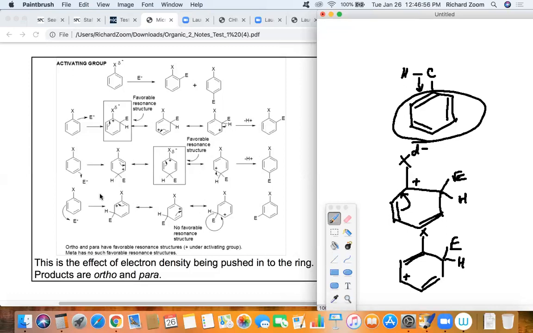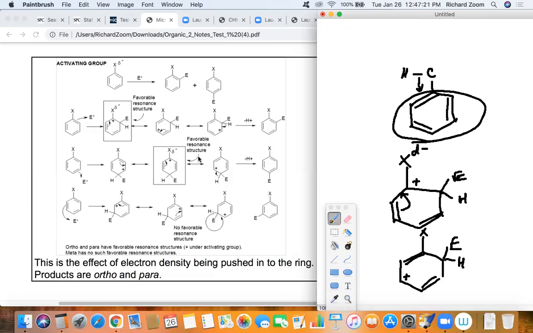You'll also notice that when we attach the electrophile at the para position, it leaves the positive charge next to the C that has the E on it. Then we can move the electrons around, and you'll notice that we can draw a resonance structure again where the delta minus is above the plus, which is a stabilizing situation.